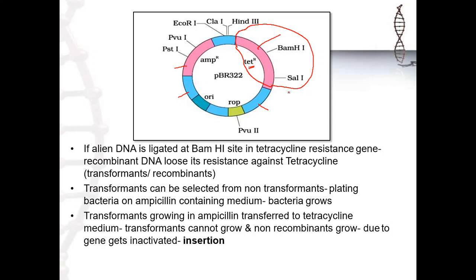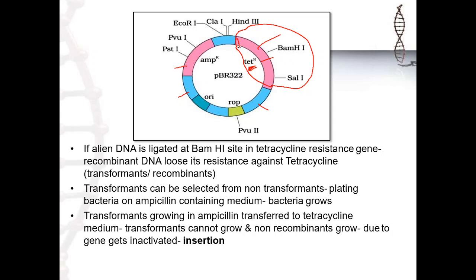So, pwede natin tanggalin ito using the restriction enzyme. Pag tinatanggal natin ito, mawawala na ngayon ang tetracycline resistance. Now, pag wala na ito, yung mga succeeding offspring niya, mamamatay na yan ngayon when added with tetracycline. Ganun.